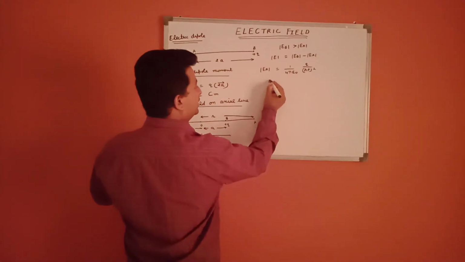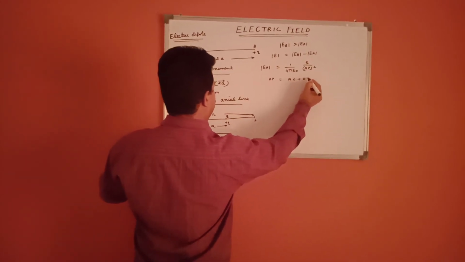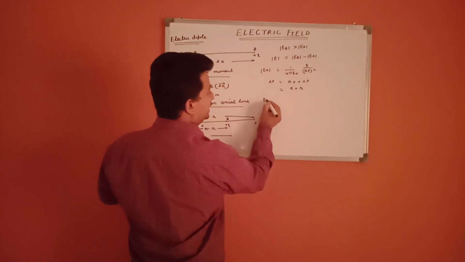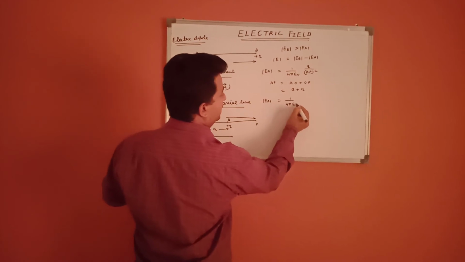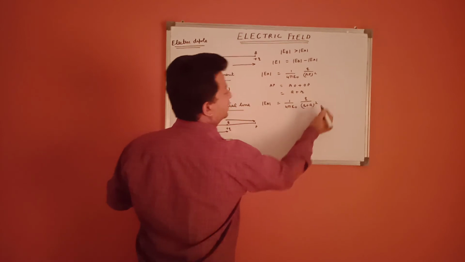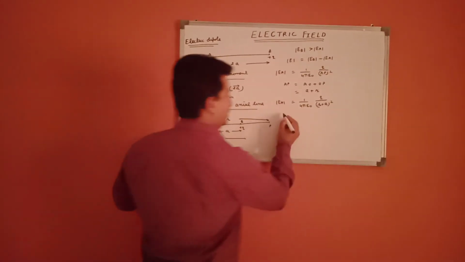In the figure, AP is equal to AO plus OP, that is, a plus r. So EA equals 1 over 4 pi epsilon naught times q upon (r plus a) whole squared. This is the electric field at point A.